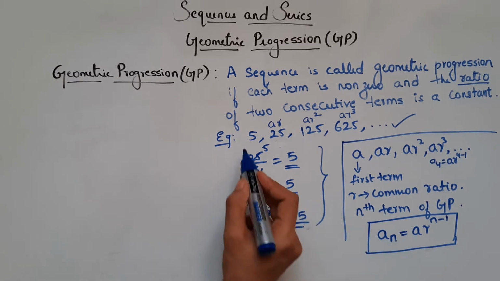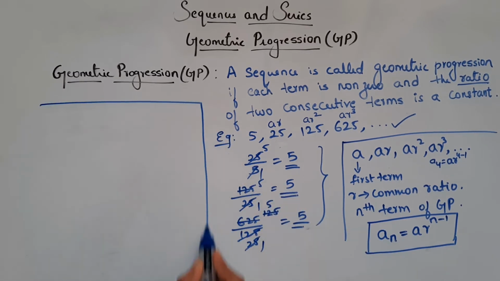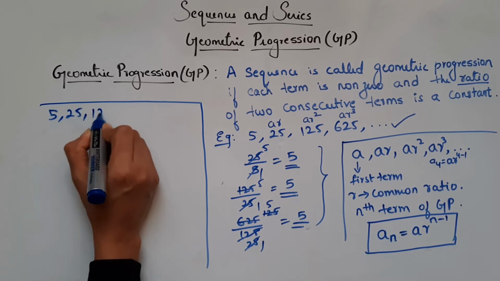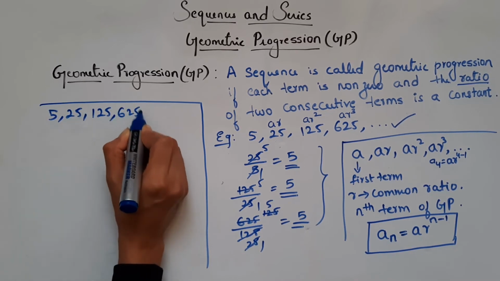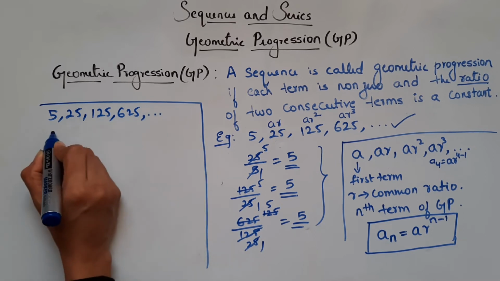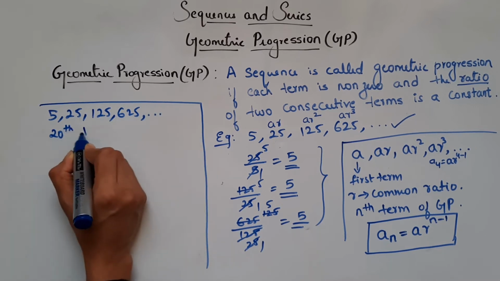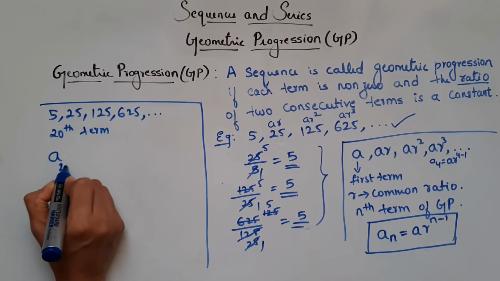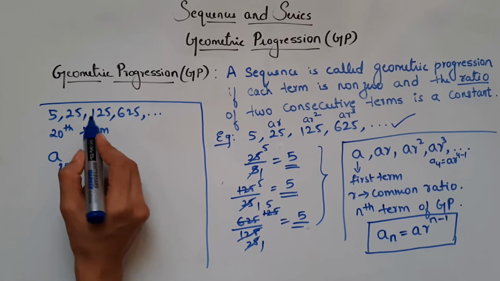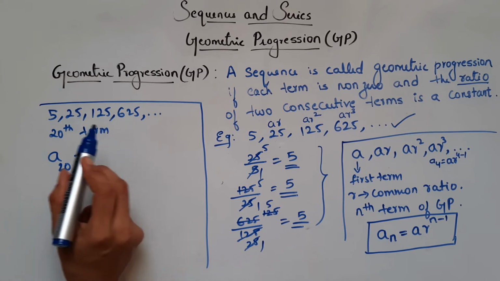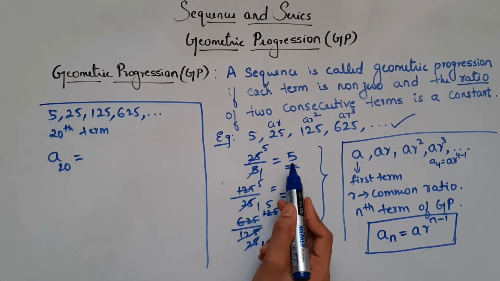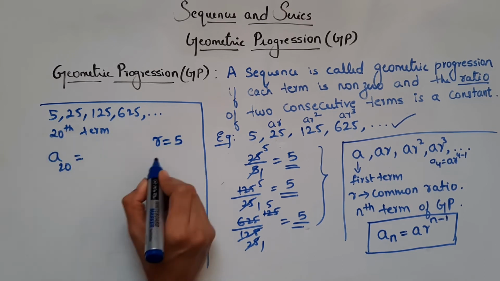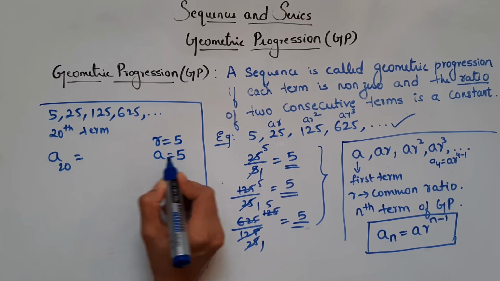So here let me take the same example. Let's take the sequence 5, 25, 125, 625 and so on. Here if you want to find the 20th term, how do you do that? A of 20 is equal to, first you will check if this is in GP. We know this is in GP because we got the ratio as 5, right? So here the common ratio is 5 and the first term is 5. And what is A of 20?